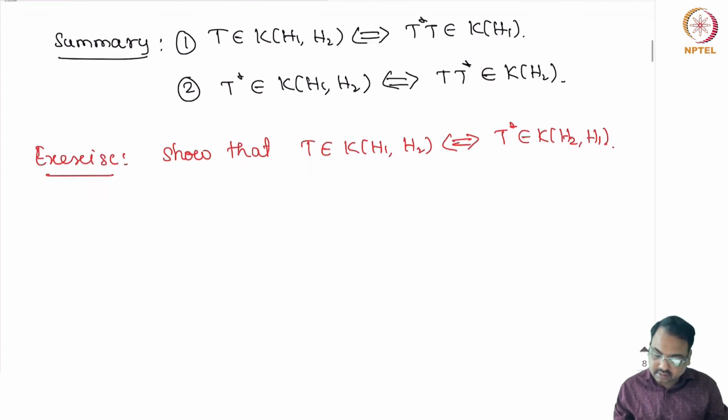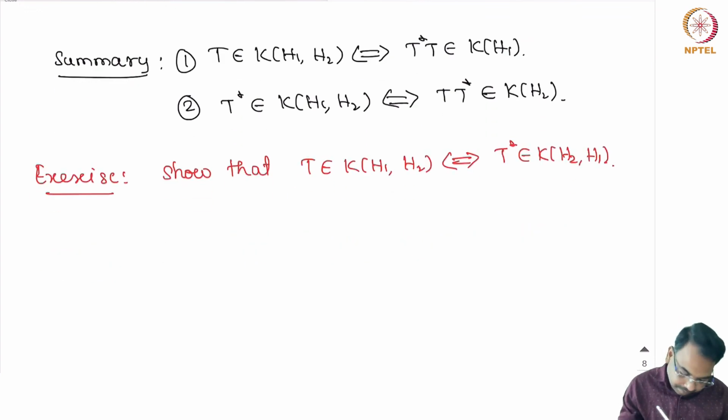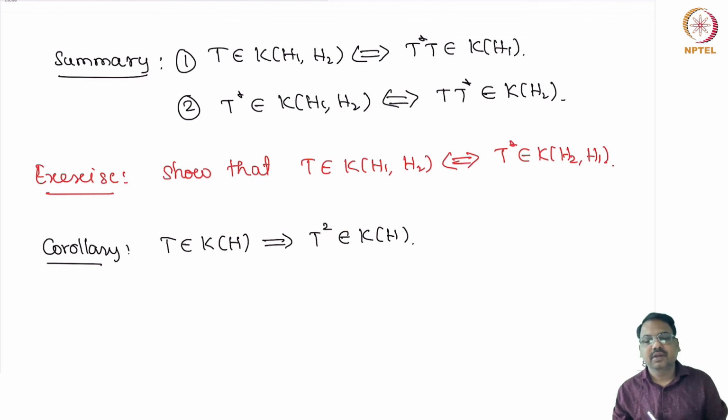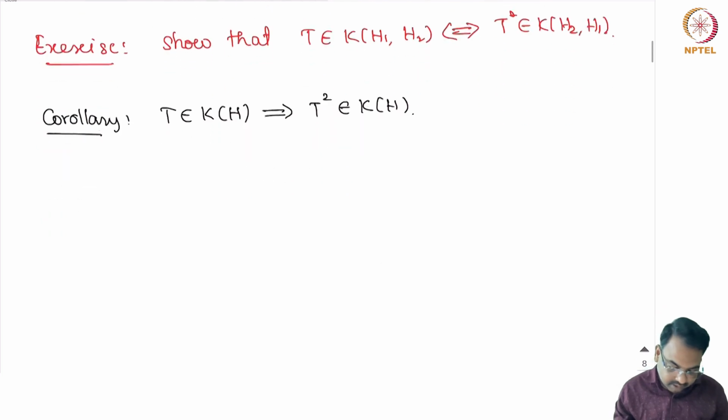Now, from the earlier observations, we have a corollary. If T is compact on H, this implies T square is compact, T square is in K of H. In fact, any power of T is also compact, and polynomials of T are also compact.